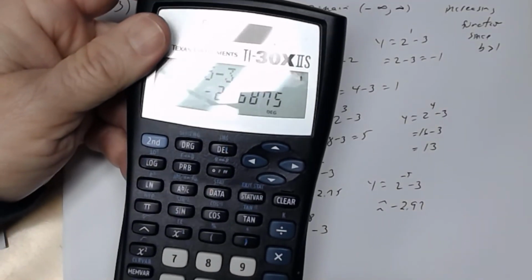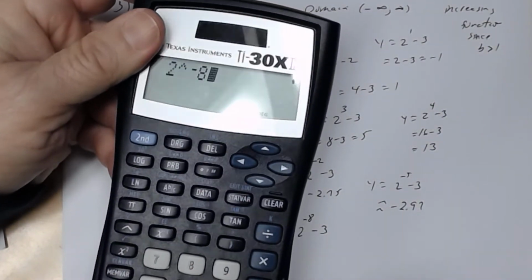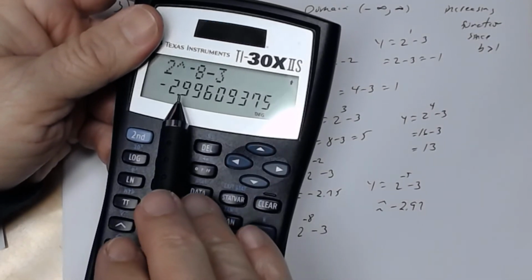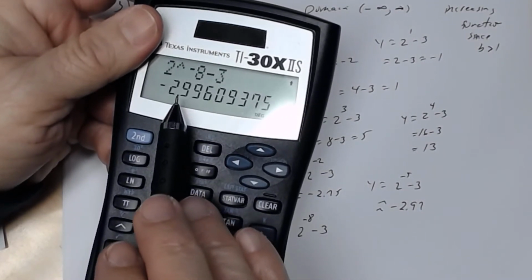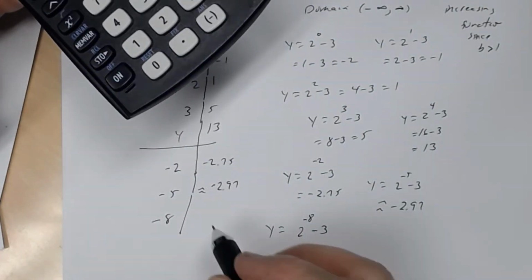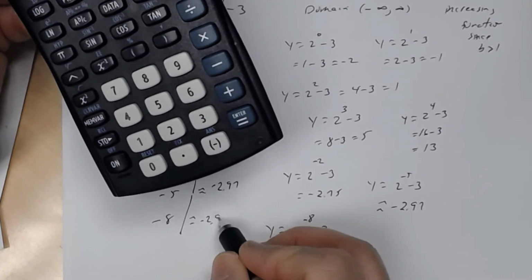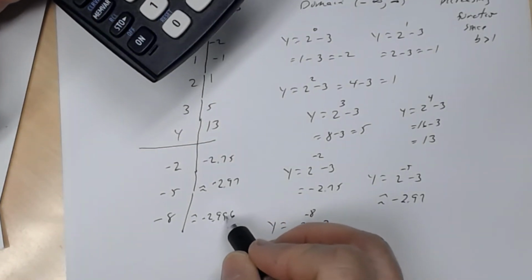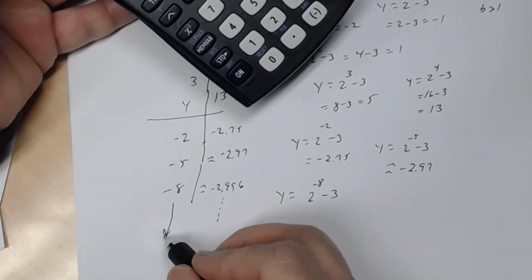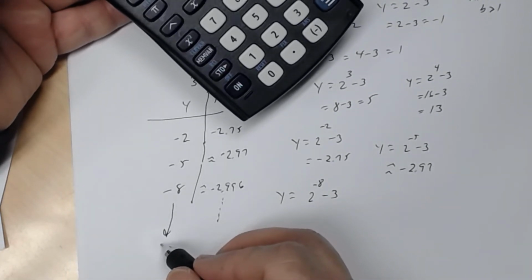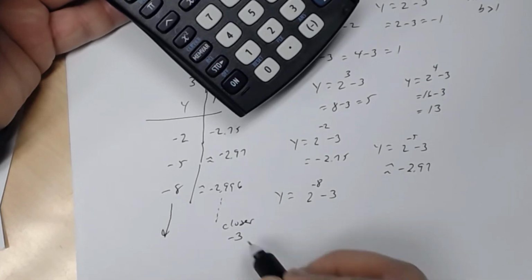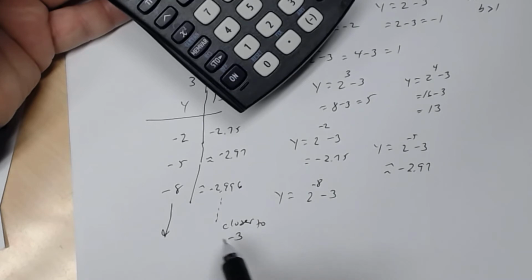So y equals 2 to the -8 minus 3. See what's happening? You're getting closer and closer to -3. See these decimals on this side, -2.996. You're getting closer and closer. So as x becomes more negative, these values are getting closer and closer to -3. Okay? All right.